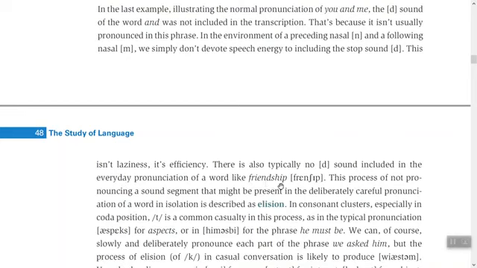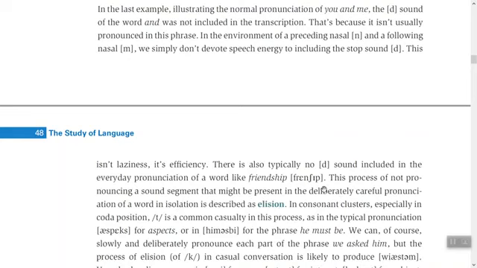We say friendship, but they don't pronounce the d, so that we have smoothness and rapid speed. Okay, our friendship is good. This is the process of not pronouncing a sound segment that might be present in the deliberately careful pronunciation of a word in isolation, and it is described as elision.